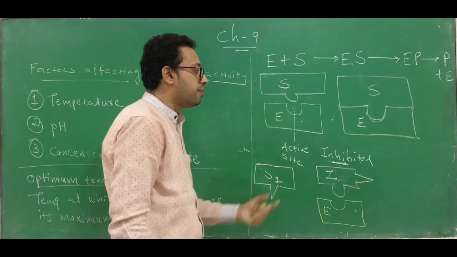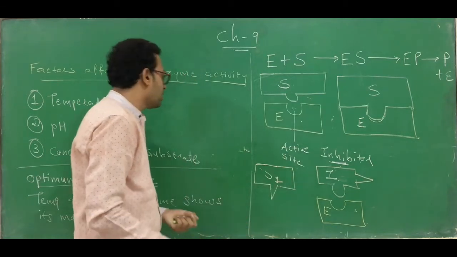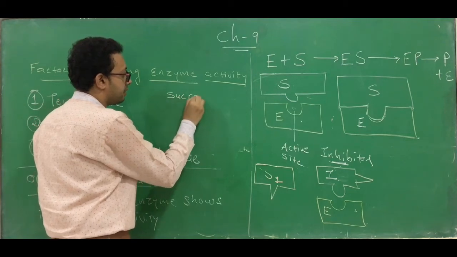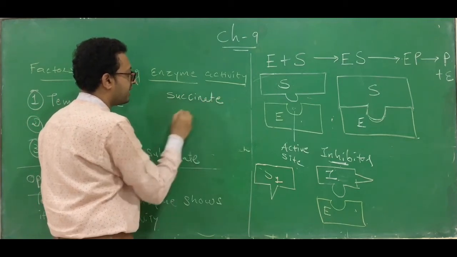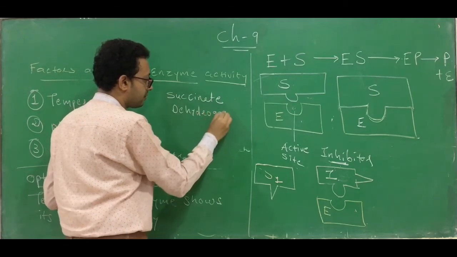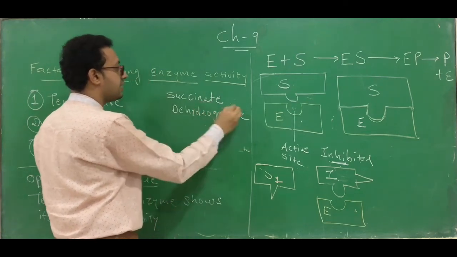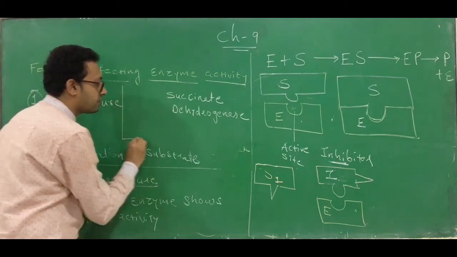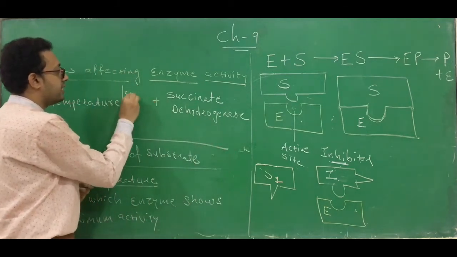I will tell you the example of these inhibitions. Like usually, take the example. This is an enzyme, Succinate Dehydrogenase. This is the name of the enzyme, Succinate Dehydrogenase. For this Succinate Dehydrogenase, the substrate is succinate.